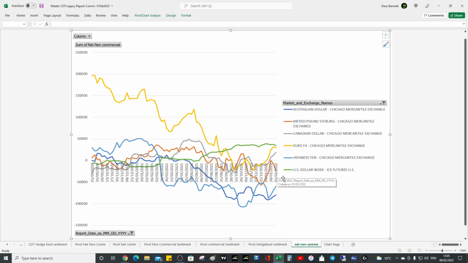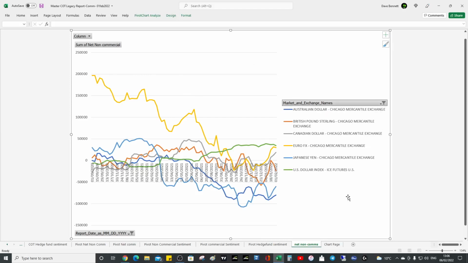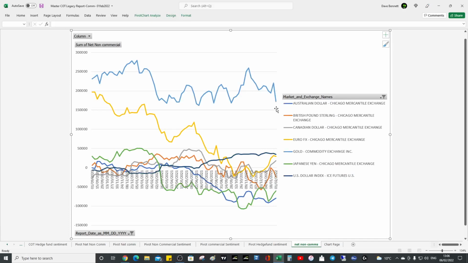So that's that. Maybe we'll add gold, but we know gold's going to be up here. It's always been strong, but we'll add it anyway. And there's gold. That's quite interesting. Maybe you could wait for a breach of that support. 162,000 contracts. It's very bullish.